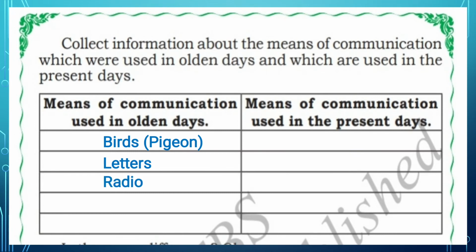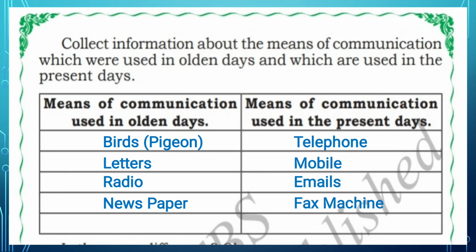Third is radio. Fourth, newspaper, which was also from the olden days. The means of communication used in the present days are telephone, mobile, emails, fax machine, and you can also write the computer.